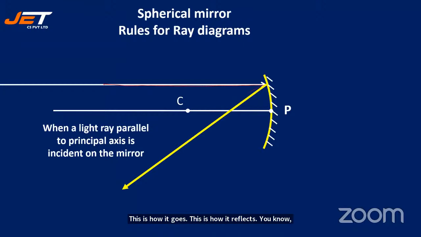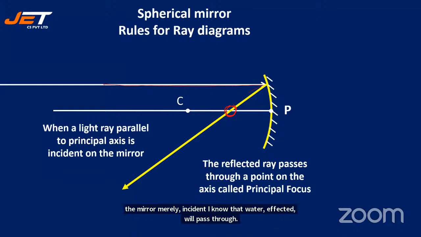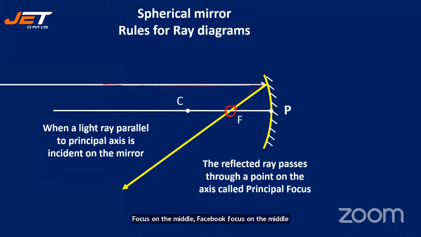This parallel ray reflects and intersects the principal axis at a point called the focus. The reflected ray passes through a point on the axis called the principal focus. So this point is called the focus, the principal focus. So any ray parallel to the principal axis will hit the mirror, and after it is incident, the reflected ray will pass through the focus of the mirror, the principal focus. That's called F.